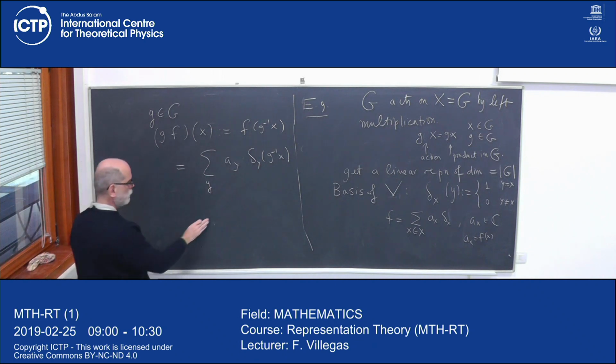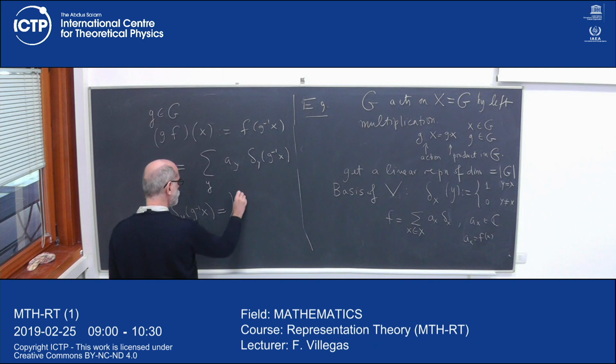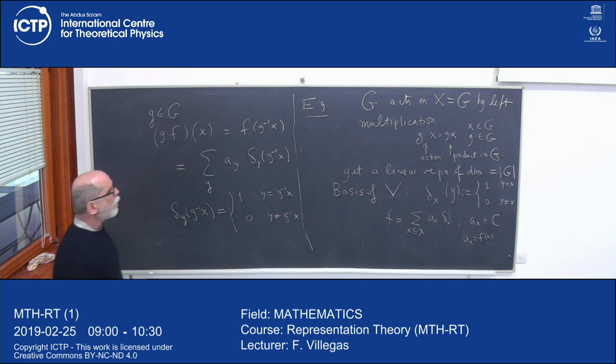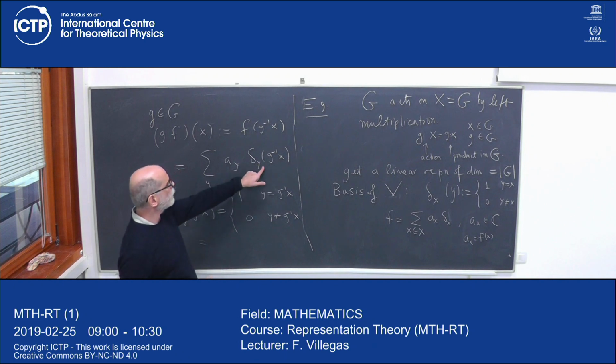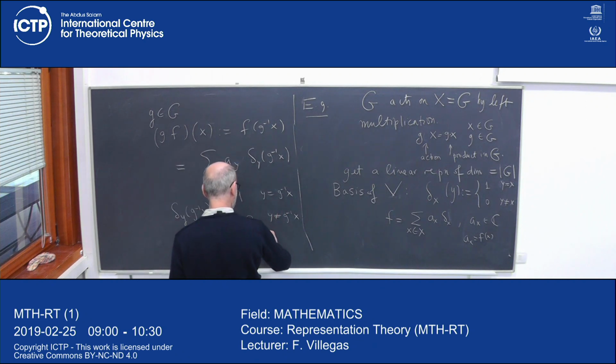So what is delta_y of g inverse of x? This is 1 if y is equal to g inverse of x, and it's 0 otherwise. So this is going to be 0 most of the time, except when y is equal to g inverse of x, or what is to say x is g of y.